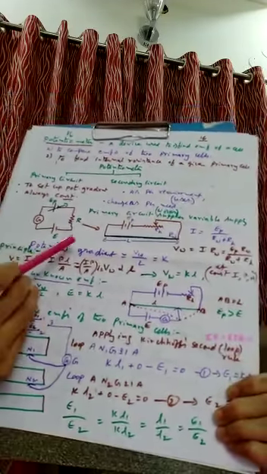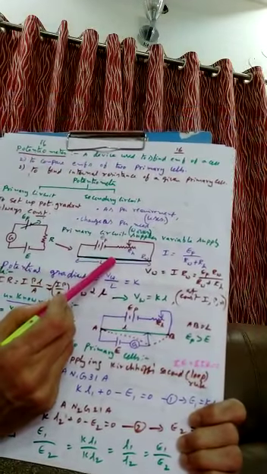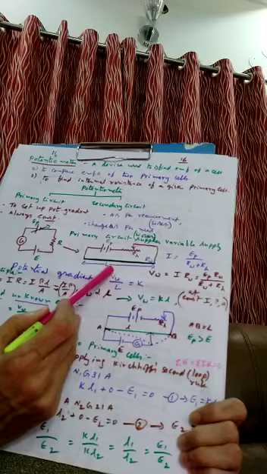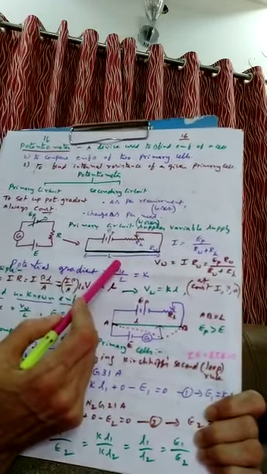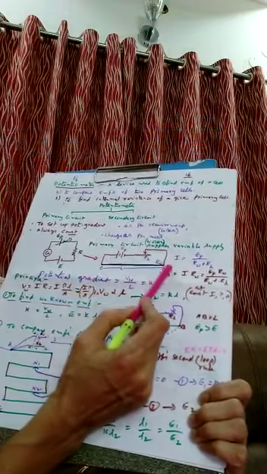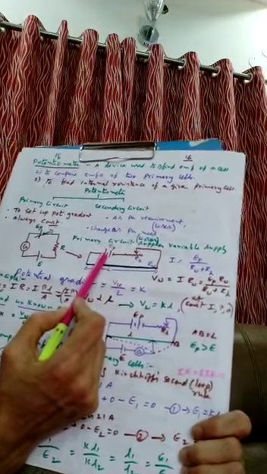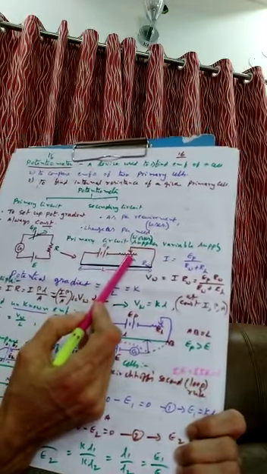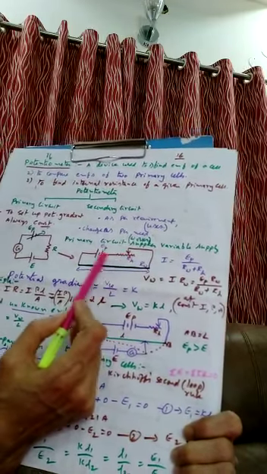Got it? Okay. Now, the similar circuit I will draw like this. Potentiometer means what is it? We will see in the lab later on. And AB, this is the potentiometer wire, having the resistance RW. And this is the EP battery we are supplying. And this is the rheostat to change the current, to change the voltage here.